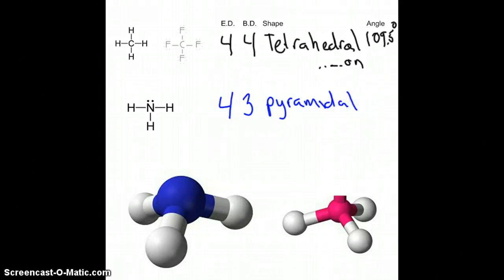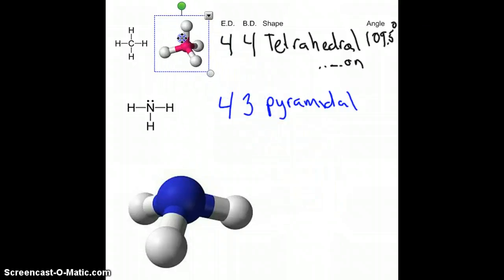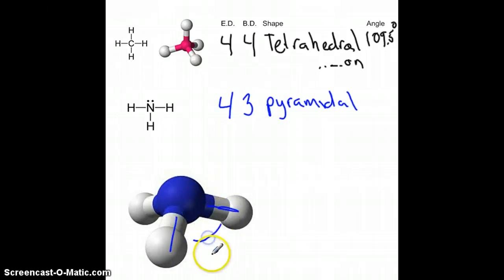Now let's keep in mind that the bond angle is controlled only by the number of electron domains. The fact that this has 4 electron domains means that the bond angle between these bonds is still going to be somewhere around 109.5. In this case, it's actually going to be 107 degrees. But the idea is that the bond angle is controlled by the number of electron domains.